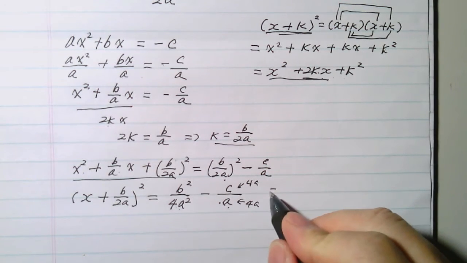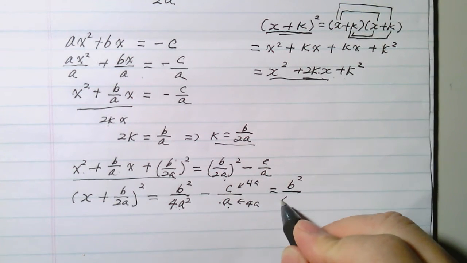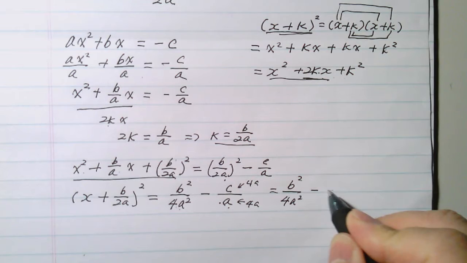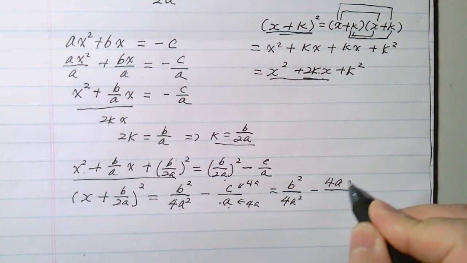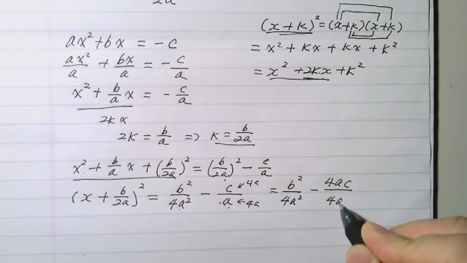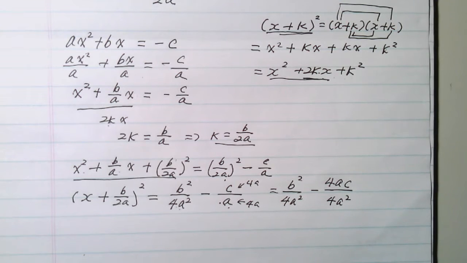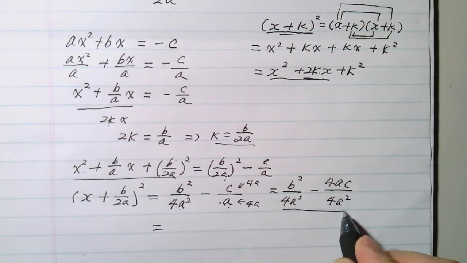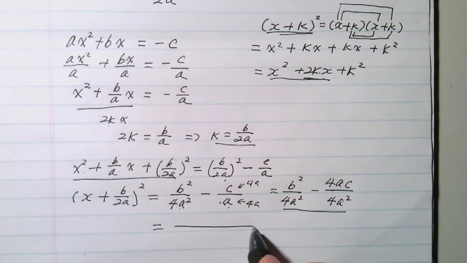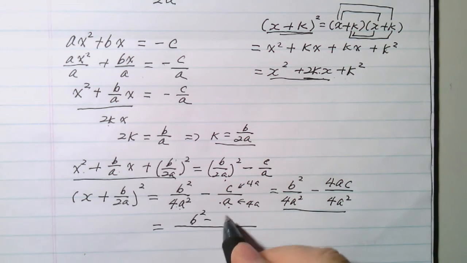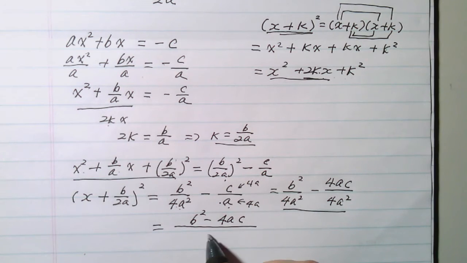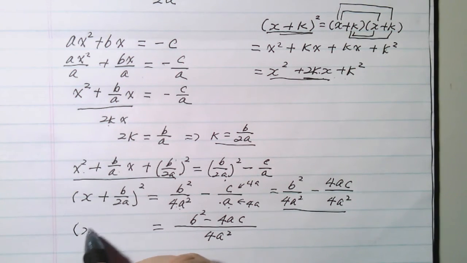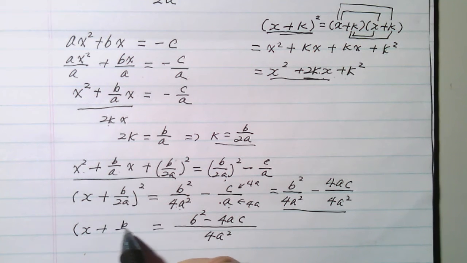So now I have b squared minus 4ac all divided by 4a squared, in one fraction. So this is equal to x plus b over 2a, squared.